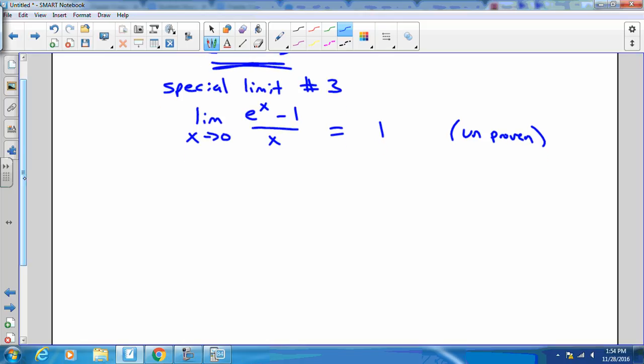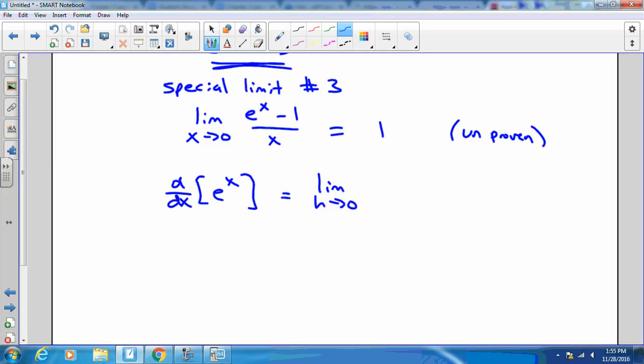But what we're going to do now is to leverage this special limit in order to find the derivative of e to the x. And the derivative of e to the x turns out to be delightful. So, since we don't have a derivative rule, we are going to have to use the limit definition.